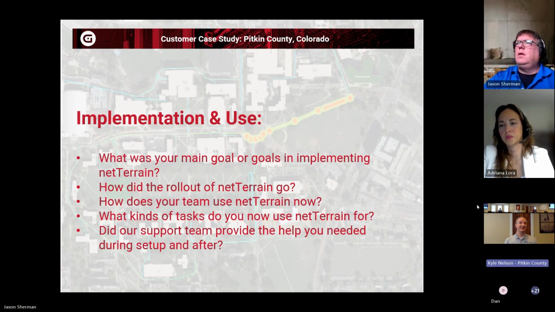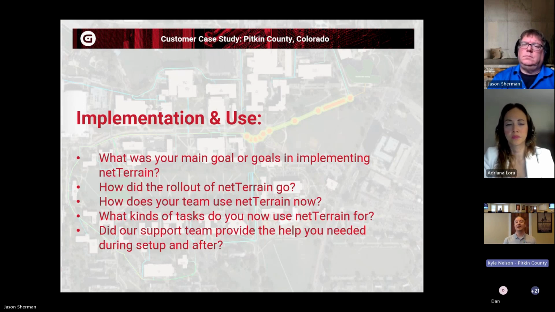For sure. For us, the primary goal of implementing netTerrain was that we wanted an all-encompassing tool. Something that was able to document our inside plant down to the rack, port and strand level and how we connect things within our sites. And also our outside plant, so connections between sites, between handholds and other physical infrastructure as our fiber network continued to grow, but also the ability to easily share that information with our other partners.